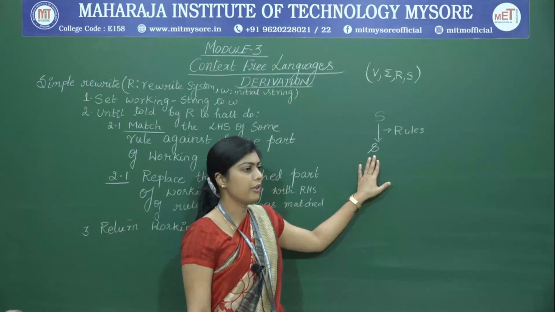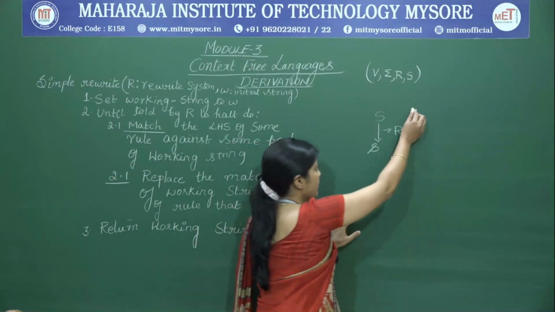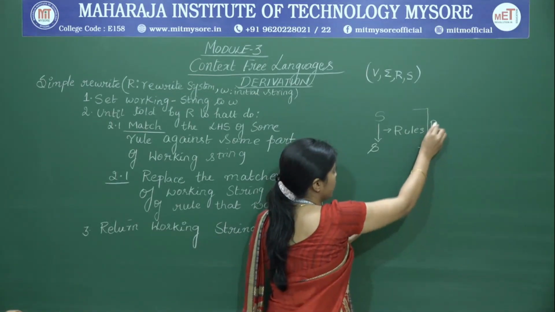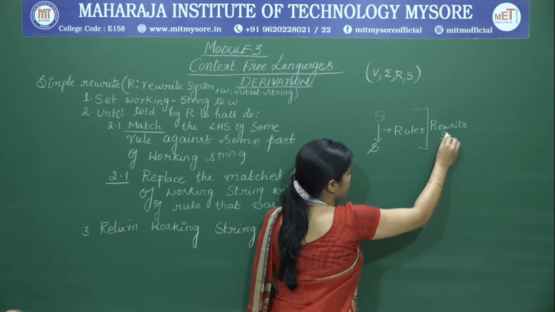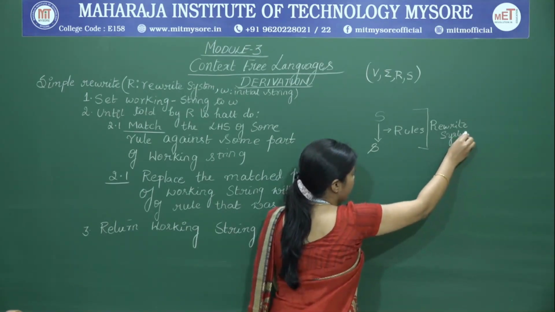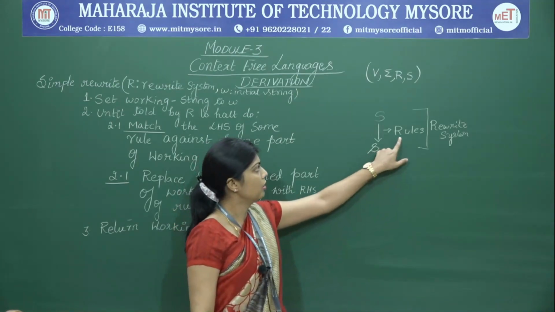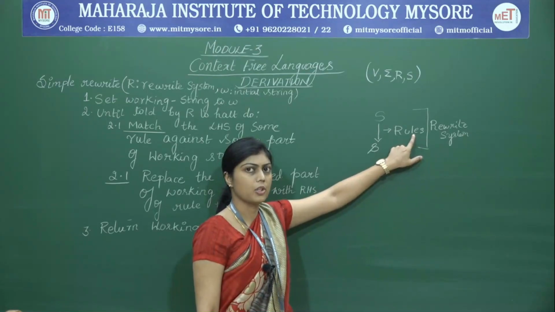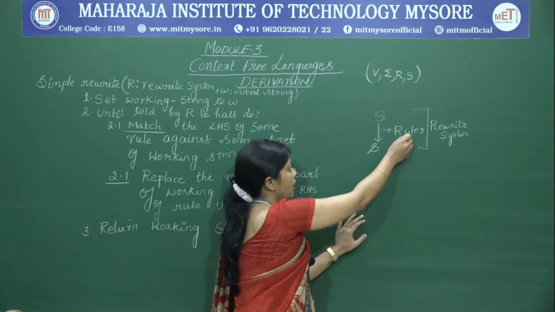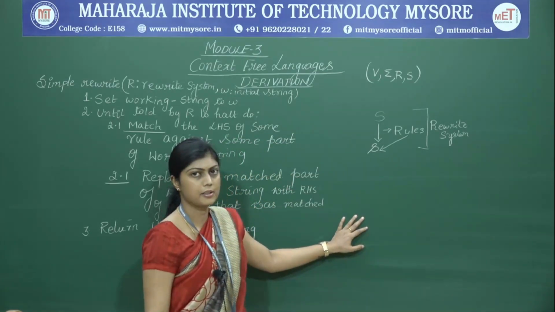The entire system is called the rewrite system, because only when we rewrite using whatever is on the right hand side of the rules are we going to arrive at this string.